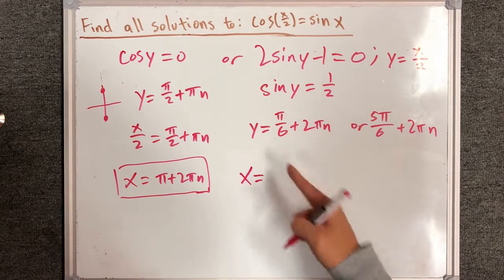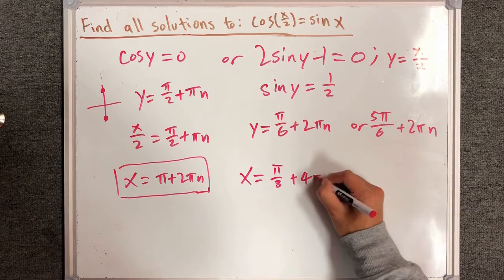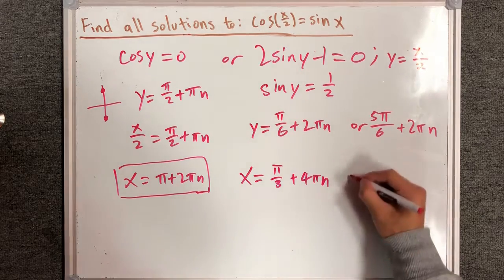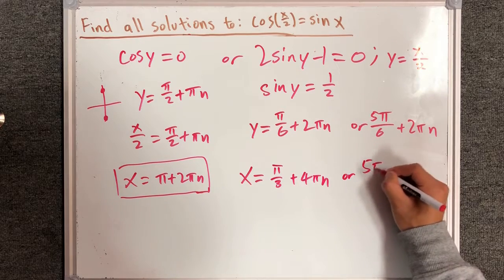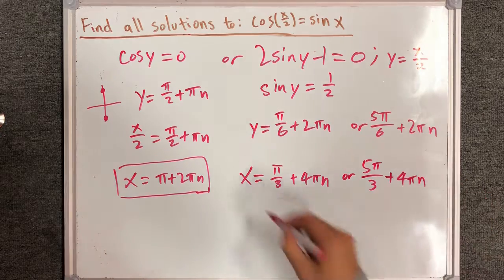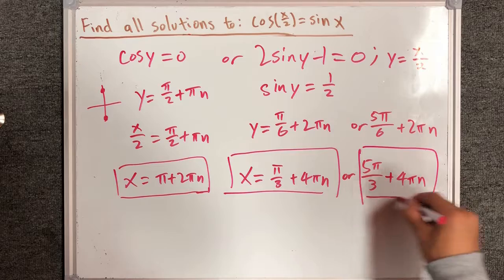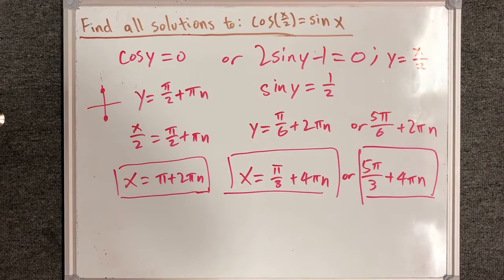I get that x is equal to pi over 6 times 2, which is pi over 3 plus 4 pi n, or 5 pi over 3 plus 4 pi n. And here again are our solutions that we got from before.